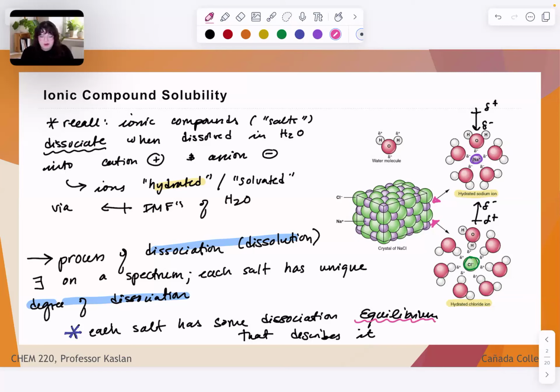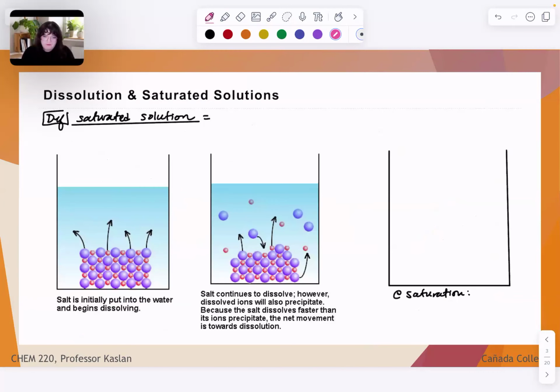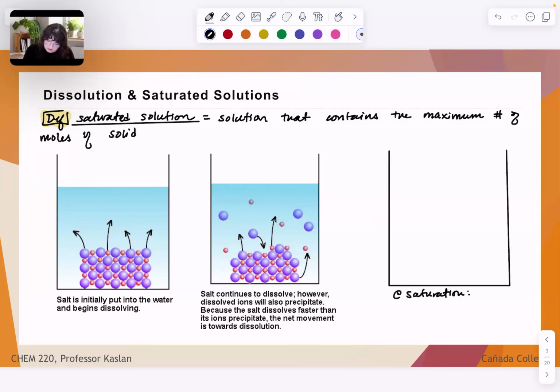So how do we describe equilibrium? First, we need to understand the context in which this equilibrium between our solid and its aqueous ions exists. So let's first define a saturated solution. This is a solution that contains the maximum number of moles of solid salt, right?